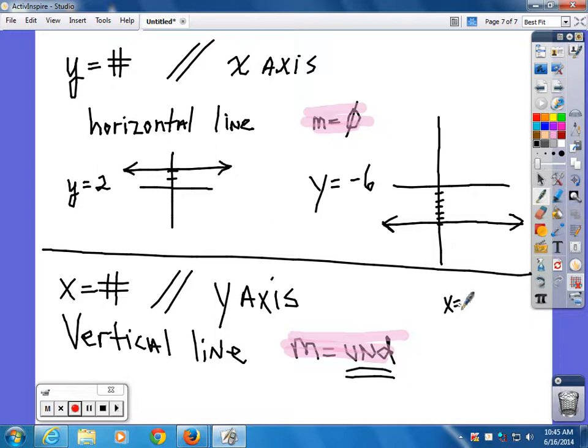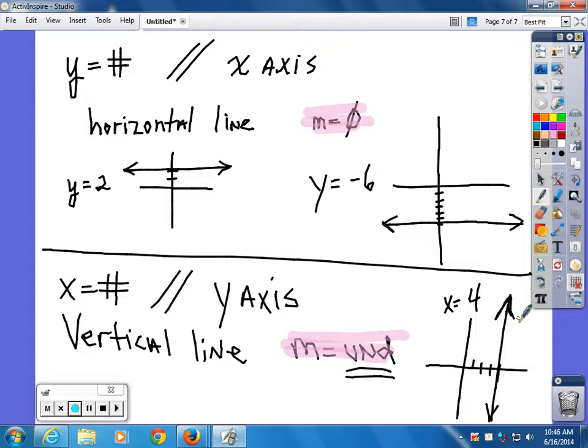X is equal to 4. 1, 2, 3, 4. That's it. It's not rocket science. So whatever axis is parallel, it's just the opposite.